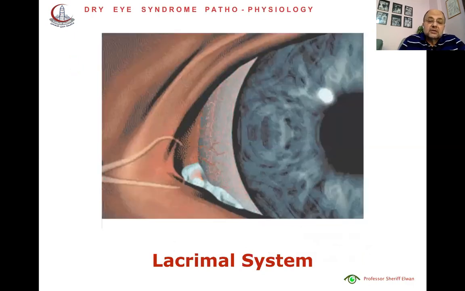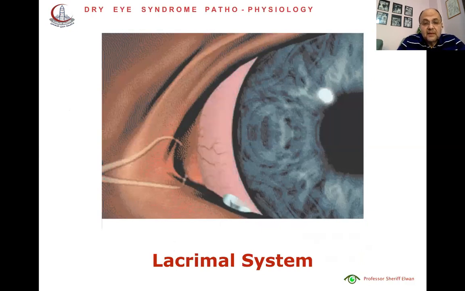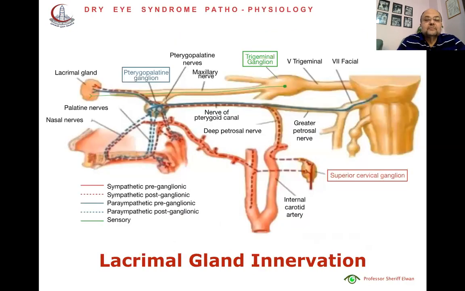The circulation of tears is a dynamic process that's going on all the time, enhanced by blinking and affected by the contractions of the pars lacrimalis of the orbicularis muscle.